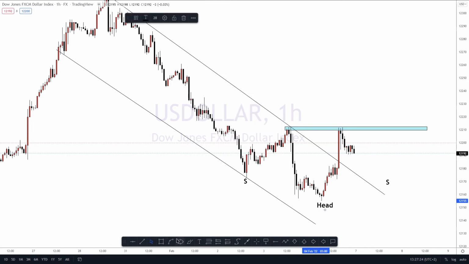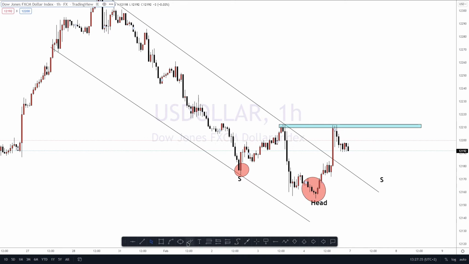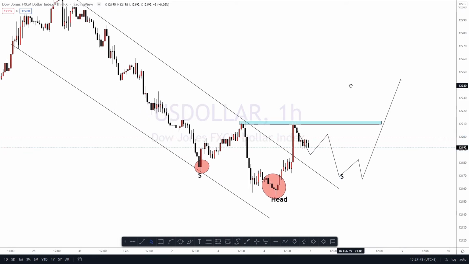Just to give you a clear view, this is the shoulder, this is the head, and we're anticipating the shoulder right here. So what could possibly happen is that price can just do this, and then from there you see it moving to the upside, coming back for a retest, and then continuing to the upside.